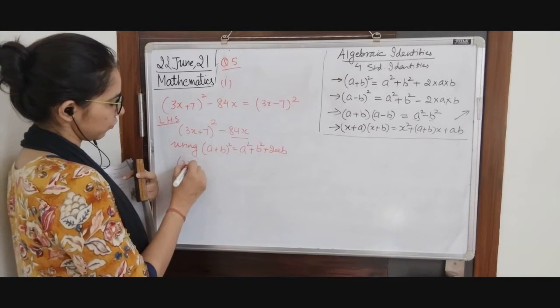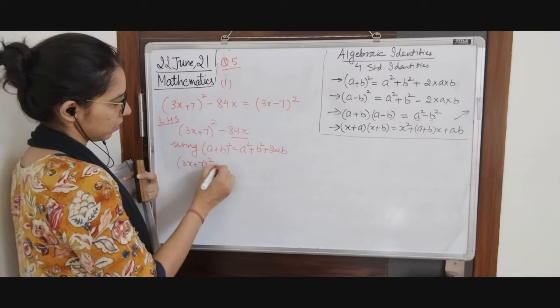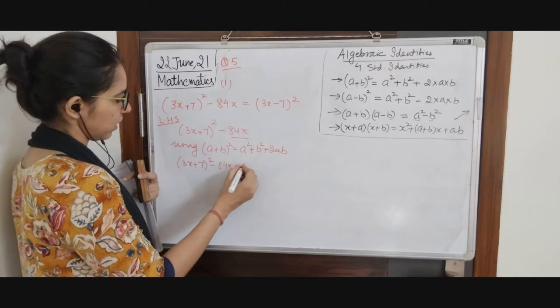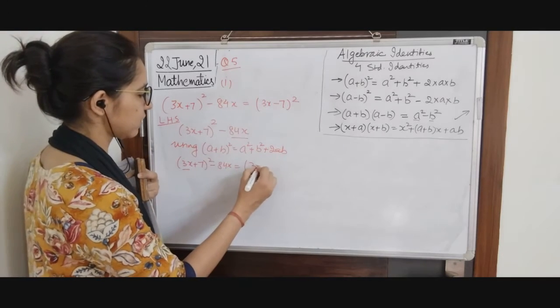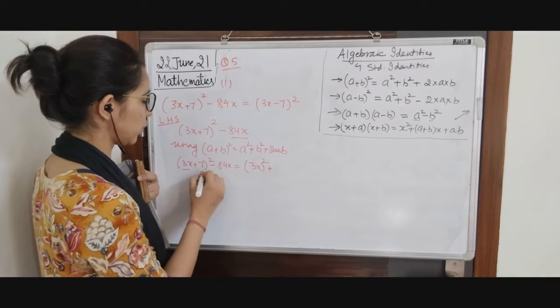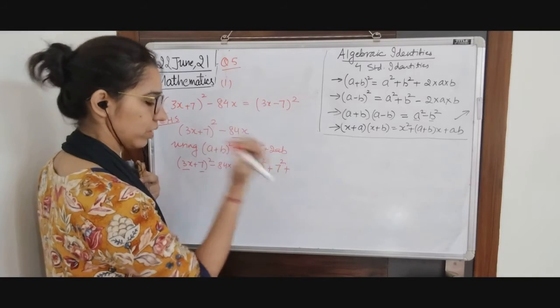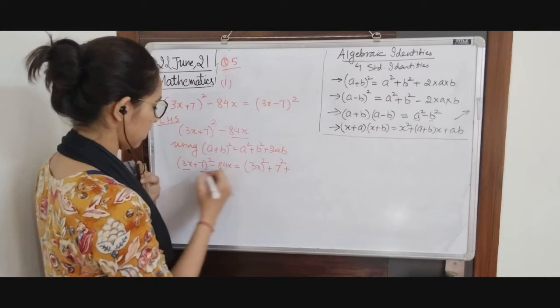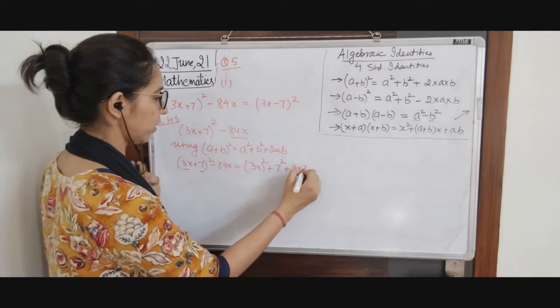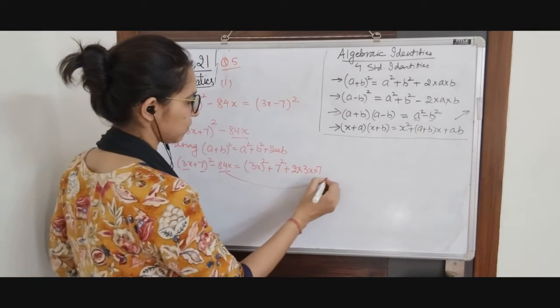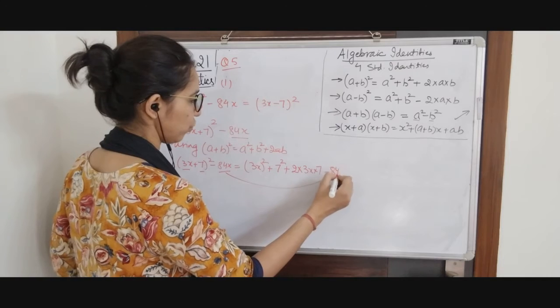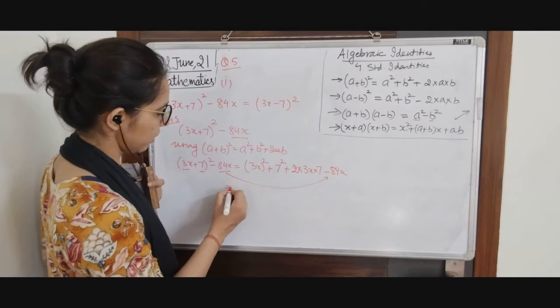So in your given expression, this will become a square, so it is going to be (3x) whole square plus b square, which is equal to 7 square, plus 2 into the product of both the terms. Now this expression I am going to write as it is because no further simplification is required.